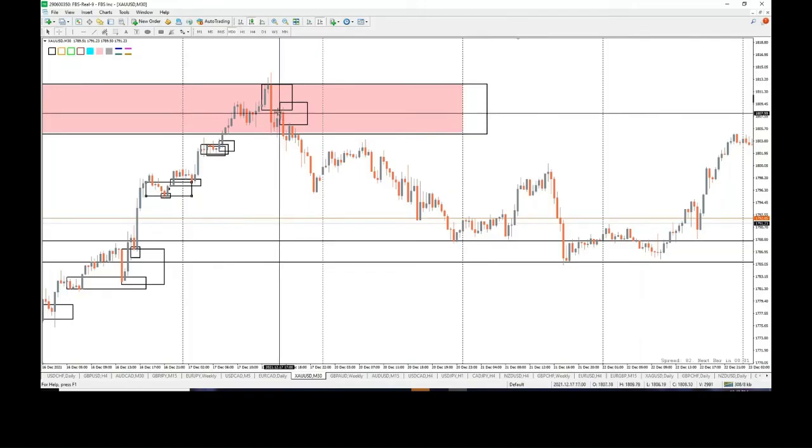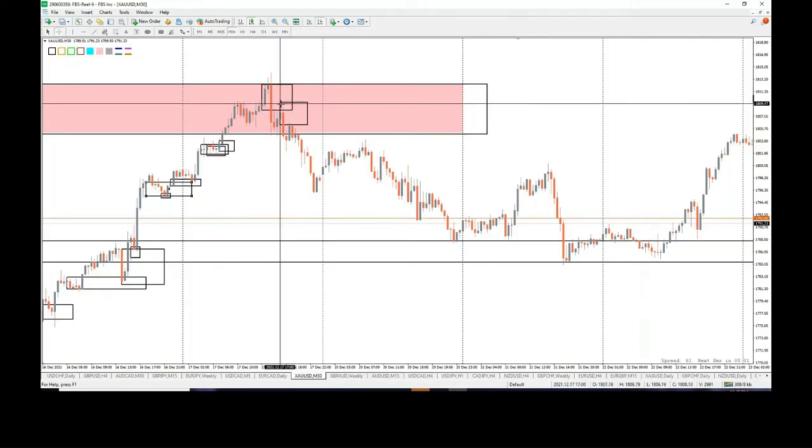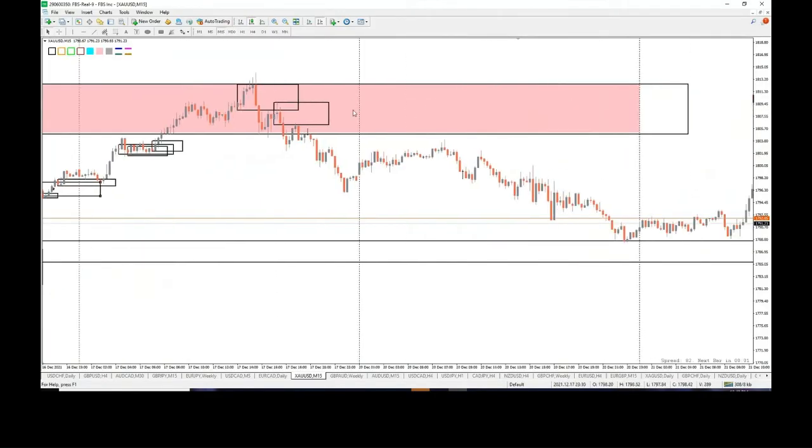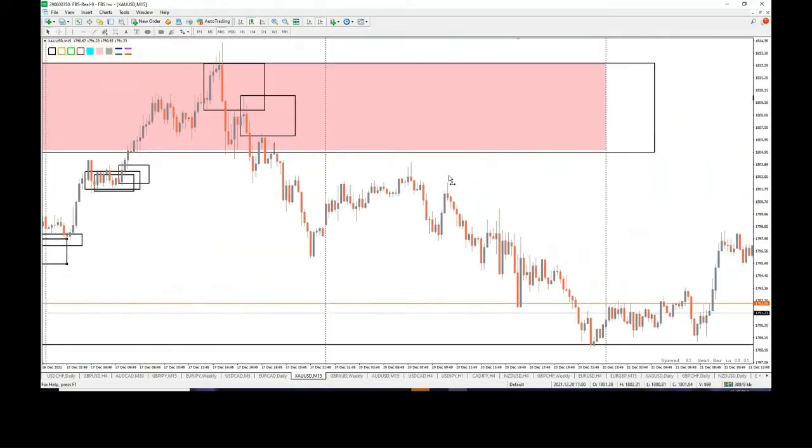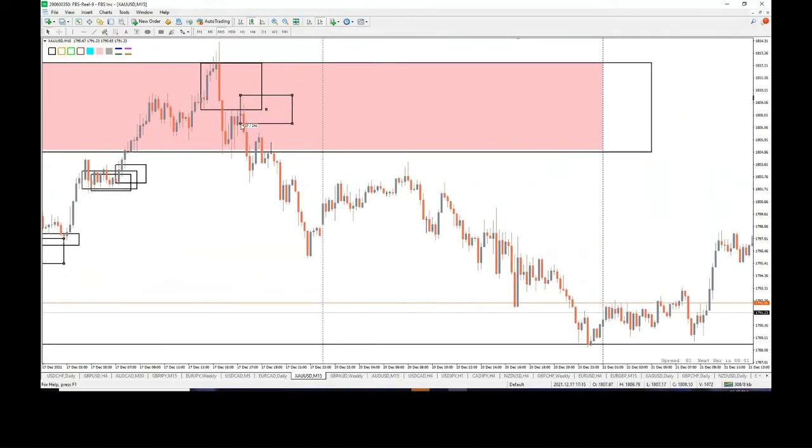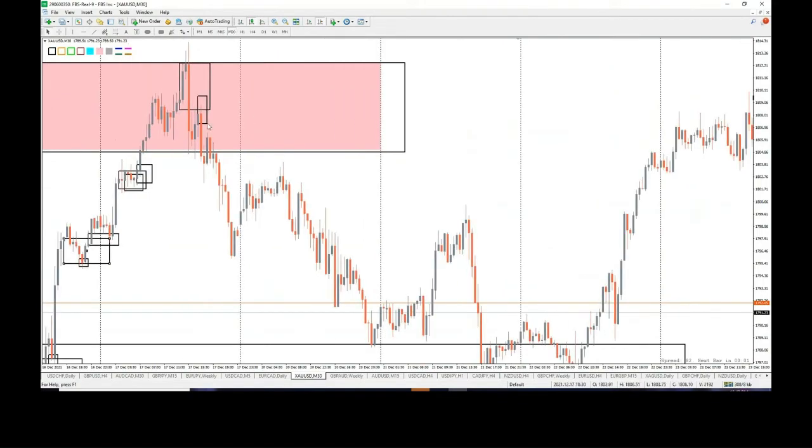But how do we do entry here, right? There's a confirmation on M15 and then confirmation on M30 for the next entries.